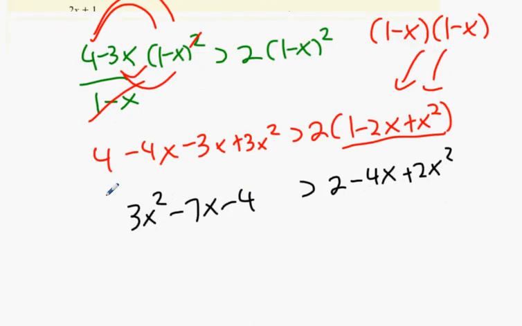I bring everything over one side, so what happens then? 3x squared minus 2x squared, 1x squared. That's okay. And plus, so minus 3x, and then 4 minus 2.